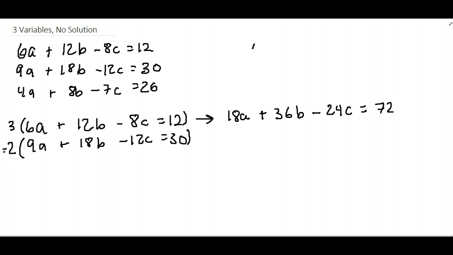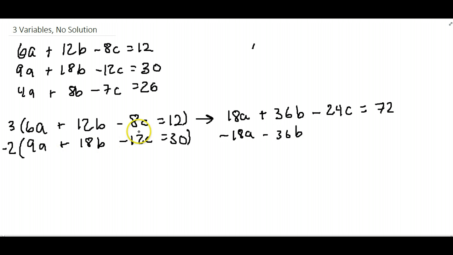So we can just add our equations. We have negative 2 times 9a gives us negative 18a. Negative 2 times positive 18b gives us a minus 36b.